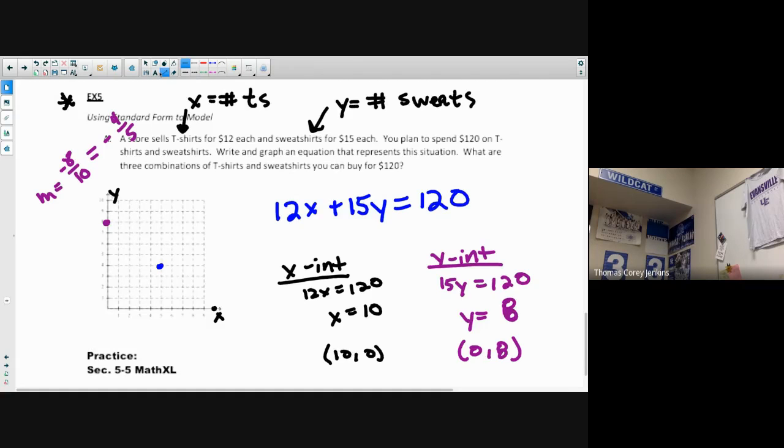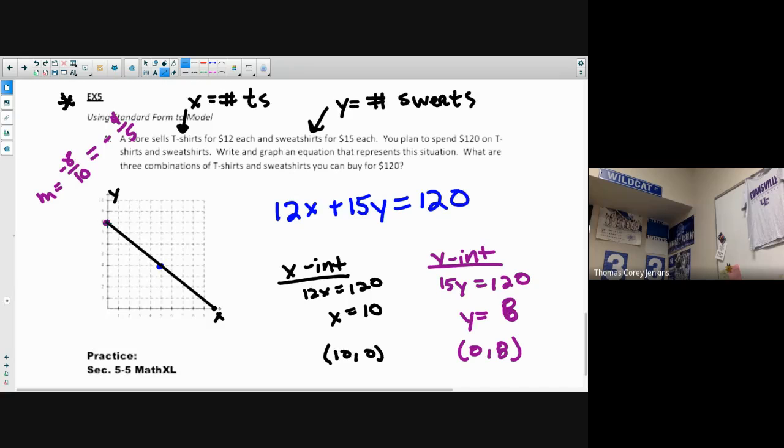If it's in a first quadrant graph like this, you're not going to draw arrowheads because we can't have negative shirts or negative dollars. So my 3 combos are represented in these ordered pairs. Just to save time on the video, I'm not going to write it out. It is written out on the notes.